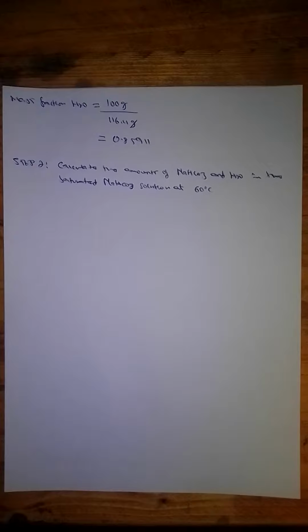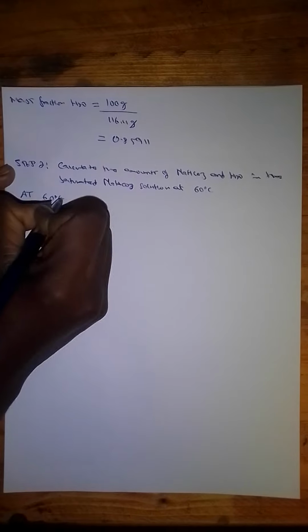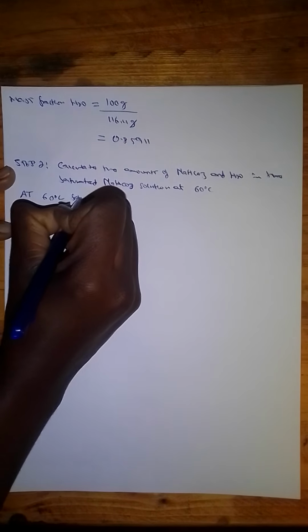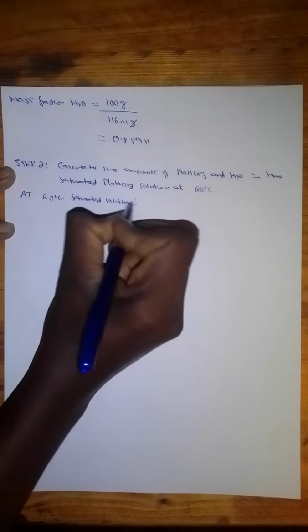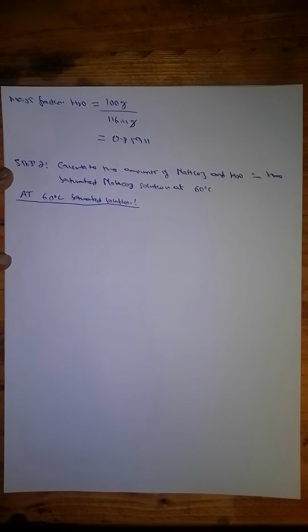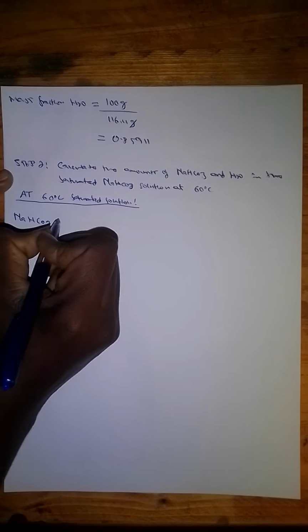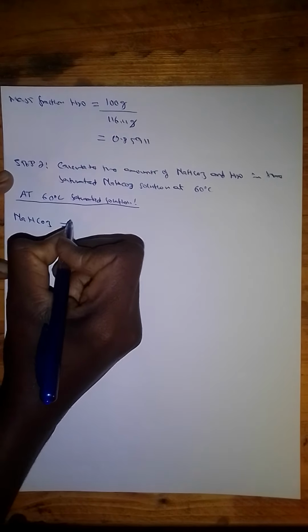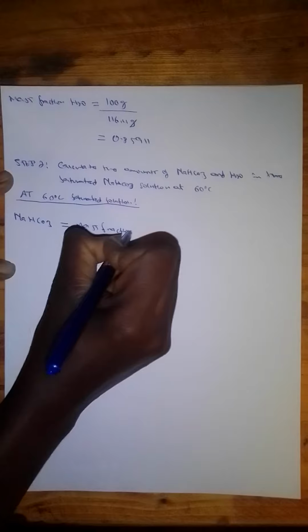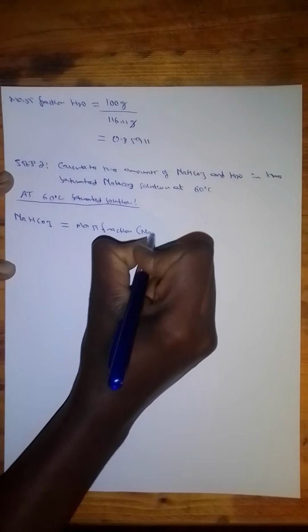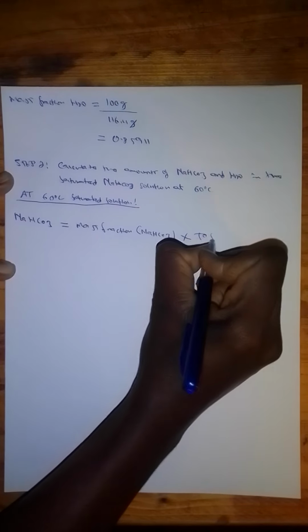We know very well that at 60 degrees Celsius in the saturated solution, NaHCO3 equals the mass fraction of NaHCO3 multiplied by the total mass.